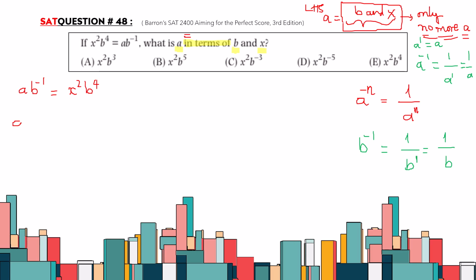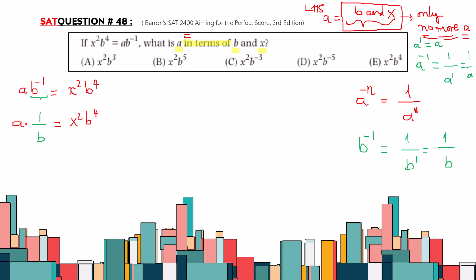Now we rewrite it one more time. A, what we try to find, multiplied by b to the power of -1, which is 1 over b, equals x squared times b to the power of 4.